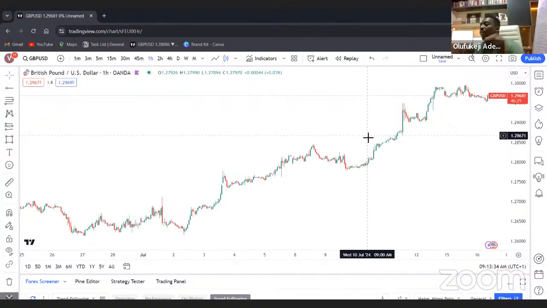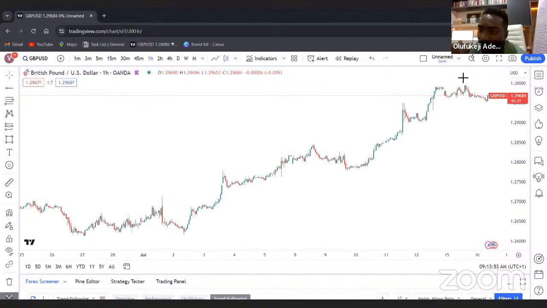Not yet. So all of this is trying to tell me that risk currencies are selling off, risk assets are selling off, they're pointing downwards, right? And if risk assets continue to sell off over time, it will affect the dollar, and the dollar will start to rise.